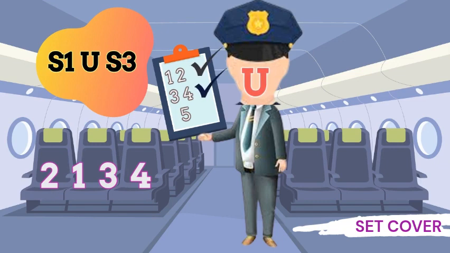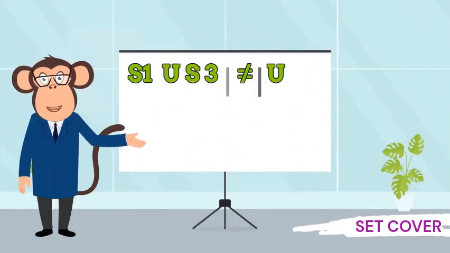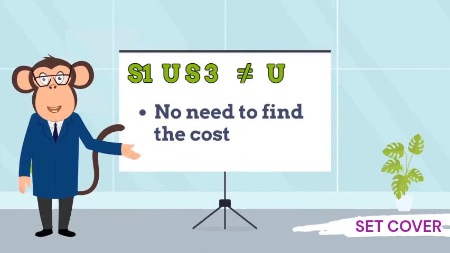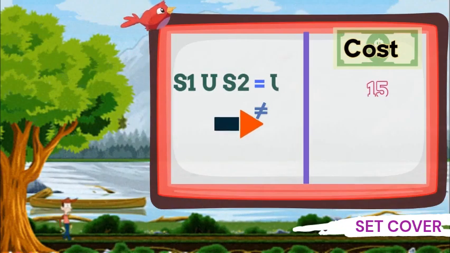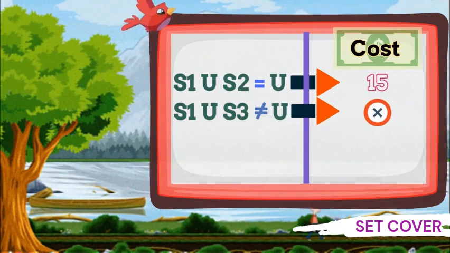So the condition fails here. Since S1 union S3 is not equal to U, we don't have to find the cost here. S1 union S2 was equal to U, so we found the cost for it. S1 union S3 was not equal to U, so we did not find any cost here.